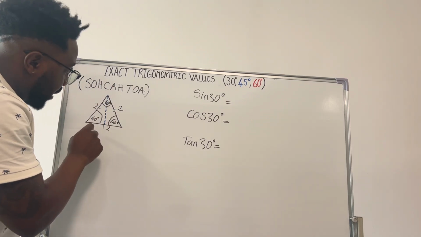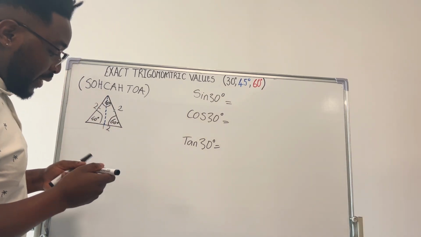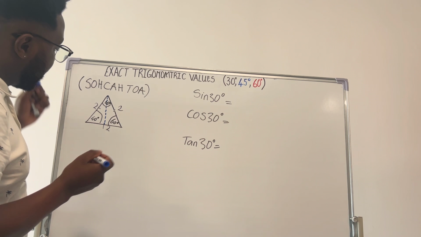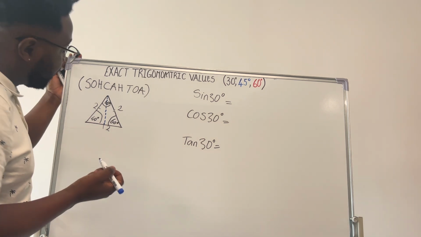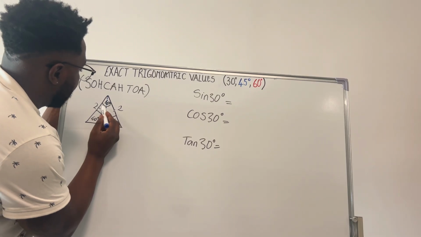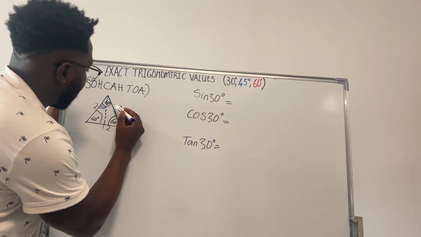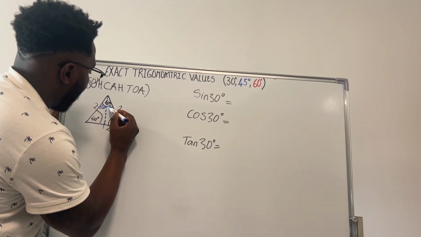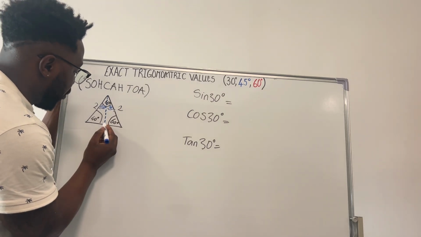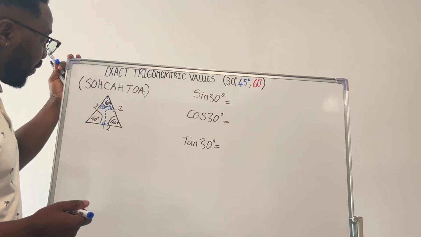So it has divided our top angle as well, right? So that means this small part here will be angle 30, and that other angle there will also be angle 30, and it has formed a 90 degrees and a 90 degrees over there.